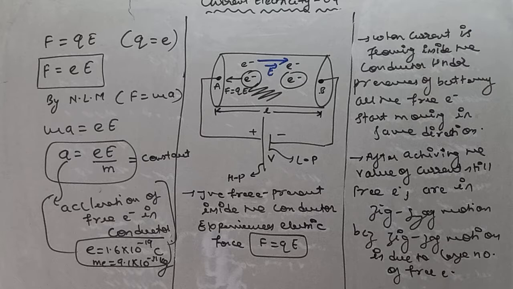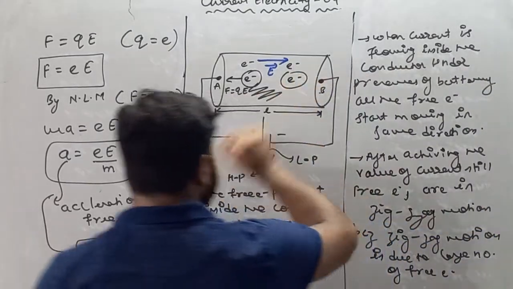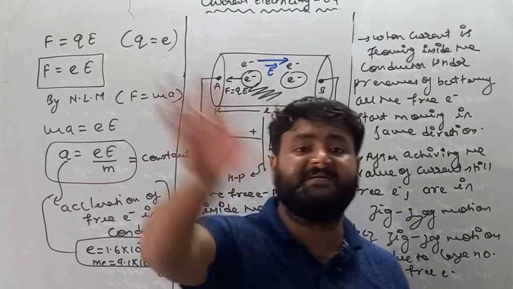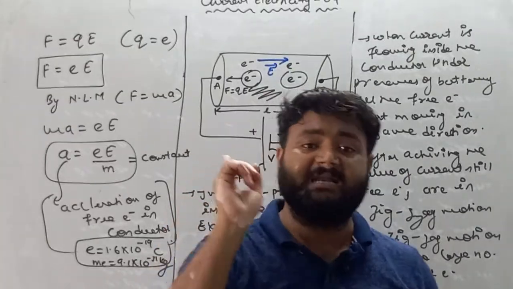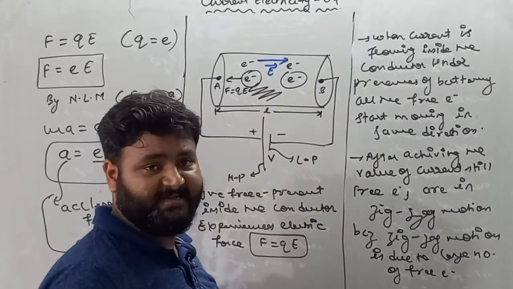After connecting the battery, current is achieved, but still remember, the motion of free electrons is zigzag, because zigzag motion is not any physical mechanism. It is just zigzag motion because a large number of free electrons are there.